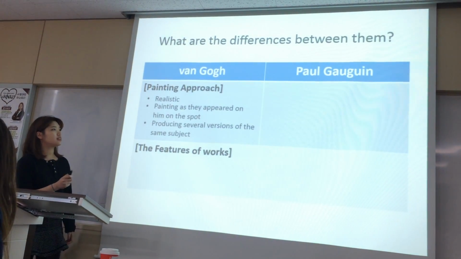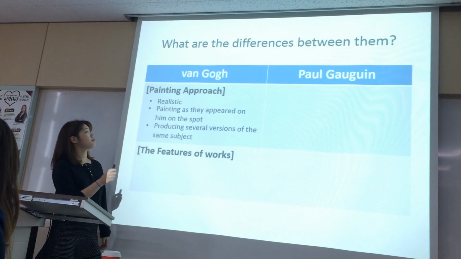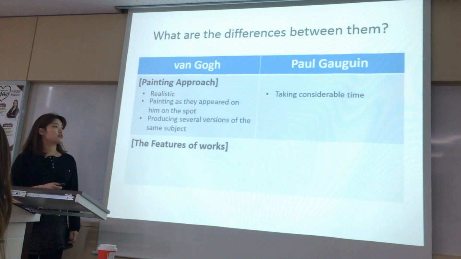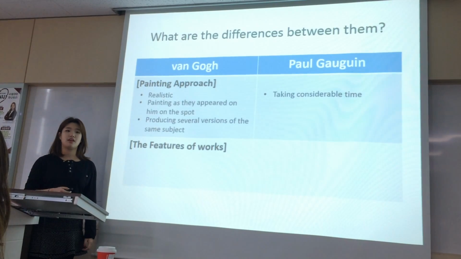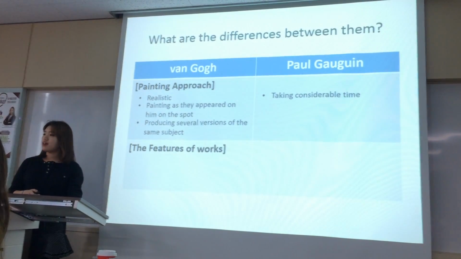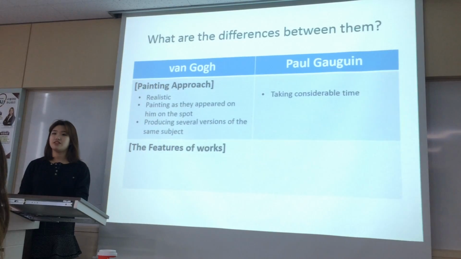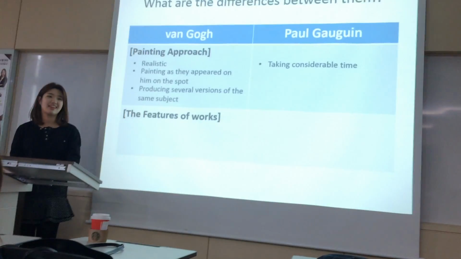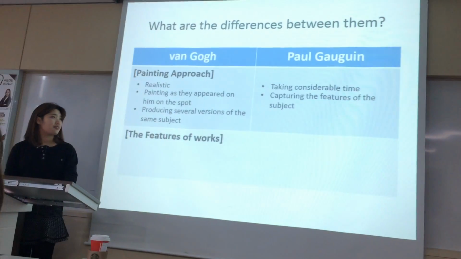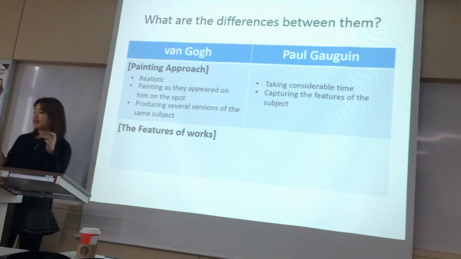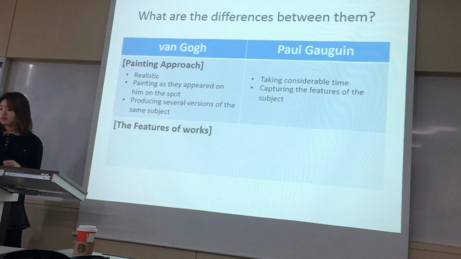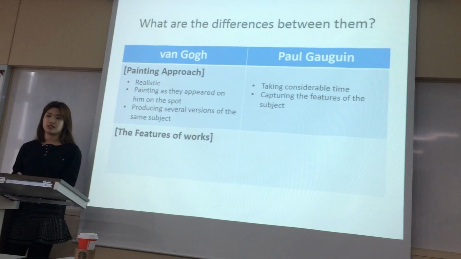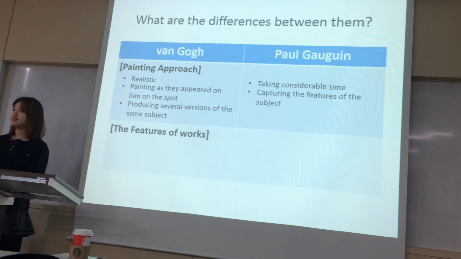On the other hand, let's look at the Paul Gauguin's painting approach. He took considerable time because, any volunteer here to explain? Yes, Yerin, thank you. Right, because he had many sketches to capture the visible features of the subject, right?